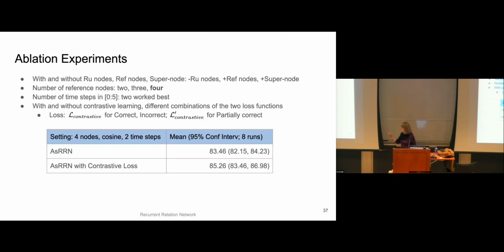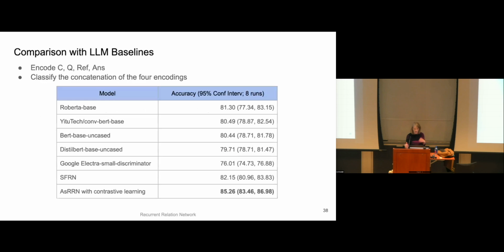And that's the confidence interval around it, and it's only 8 runs because we were running out of time. And these experiments are still being done. But the confidence interval for ASRN with contrastive loss slightly overlaps ASRN without contrastive loss, but it's clearly doing something better.